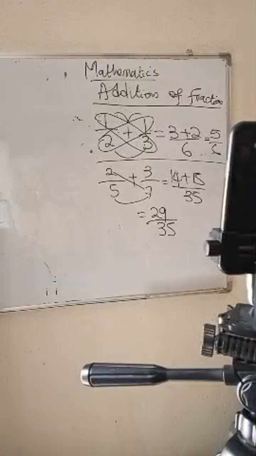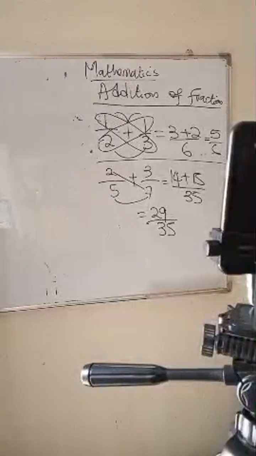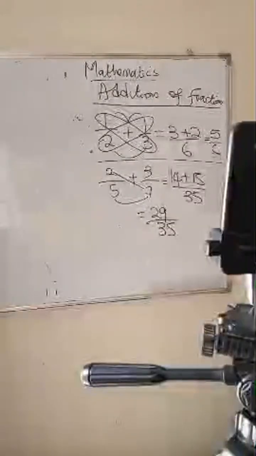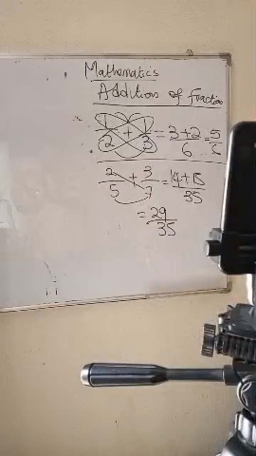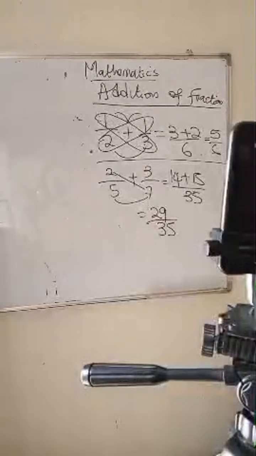Then multiply diagonally. 2 times 7 is 14. Then multiply the other way around. 3 times 5 is 15. Then since you are doing addition, you add them. 14 plus 15 is 29. And the answer becomes 29 over 35.